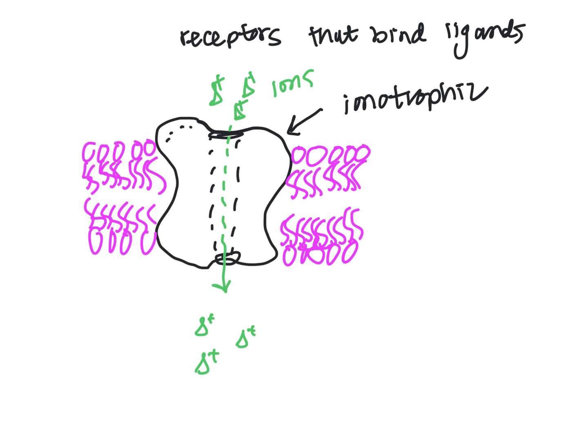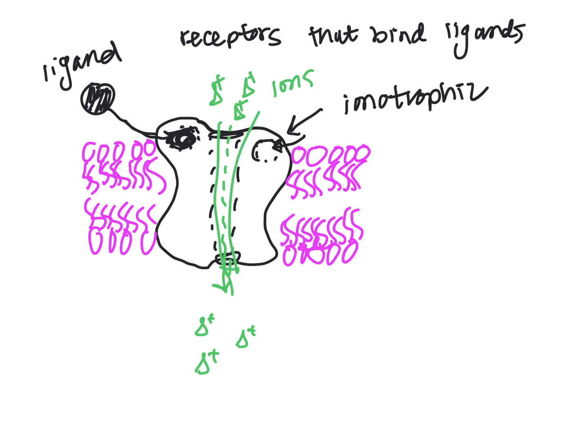Now, the way in which it moves ions is dependent on it binding to a ligand. So on the outside of the receptor, there are these regions where a molecule called a ligand can bind. I'll just make my ligand a circle for now. Okay, so when the ligand binds here, it can cause an allosteric change or a shape change that allows a lot of ions through.